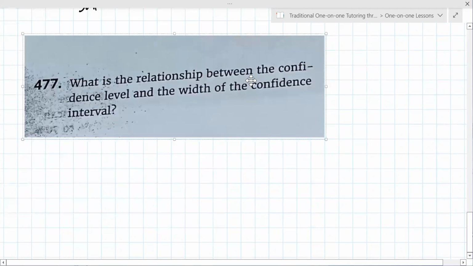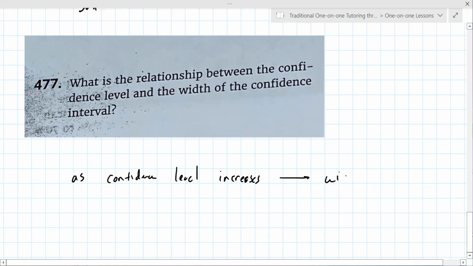So this is exactly what we just said. As the confidence level increases, the width also increases. As confidence level decreases, the width... I'm sorry, let me make sure I got this right.